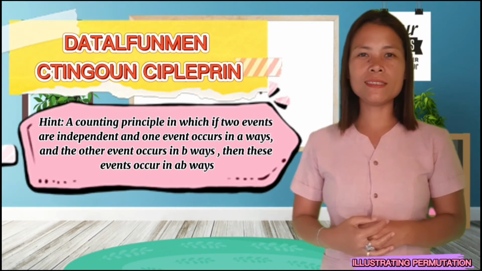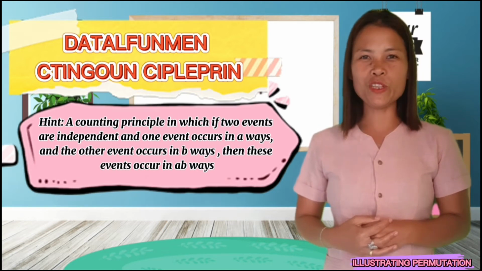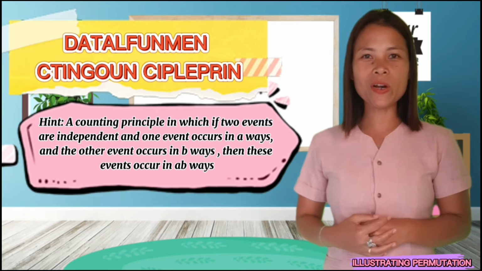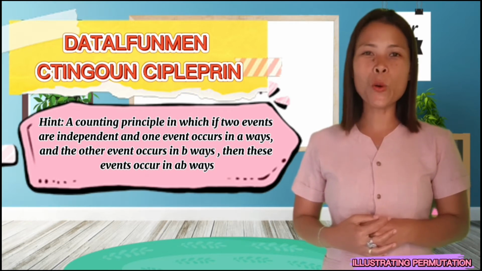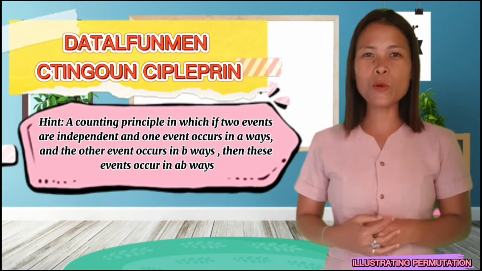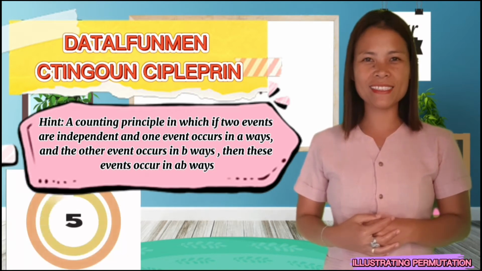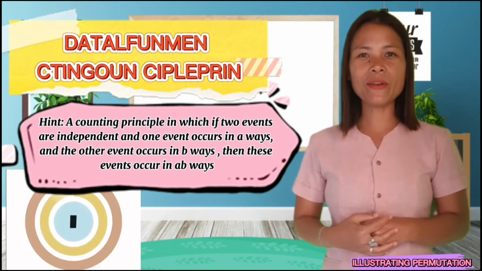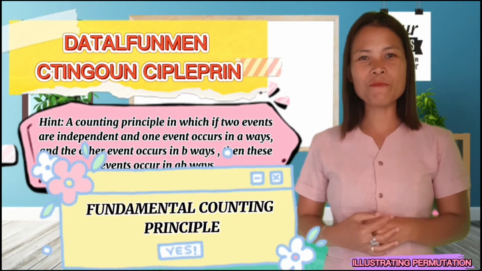The clue is a counting technique in which 2 events are independent, and 1 event occurs in A ways, and the other event occurs in B ways. Then, these 2 events occur in AB ways. The correct answer is fundamental counting principle.